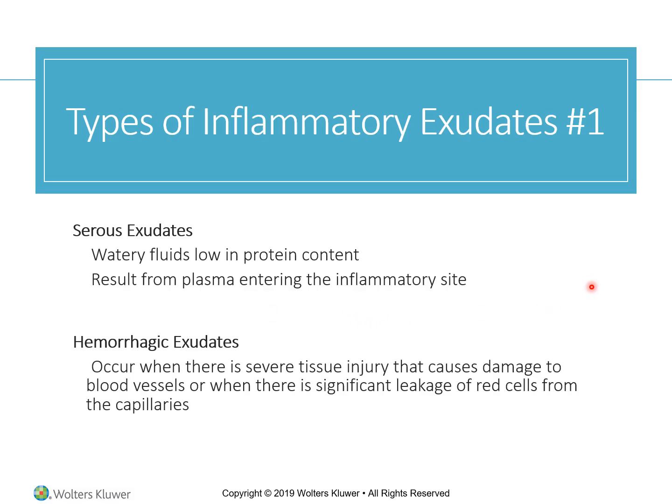What this looks like in a patient is a really clear watery discharge from the site of injury. We also have hemorrhagic exudates. These occur when there is severe tissue injury that causes a lot of widespread damage to blood vessels. And we have a lot of significant leakage of red cells from the capillary beds. So this is bleeding. This is when our exudate really looks like blood.